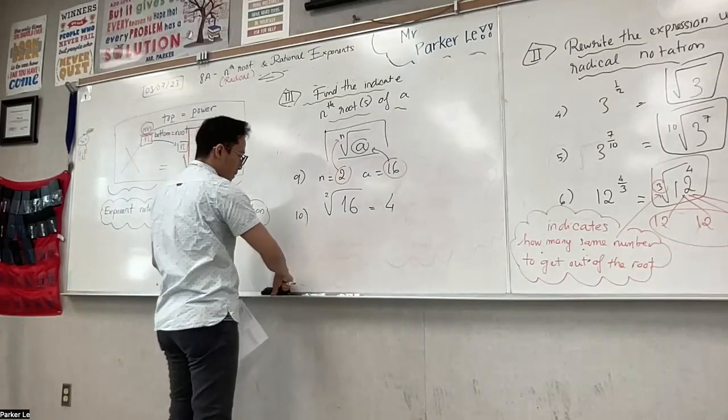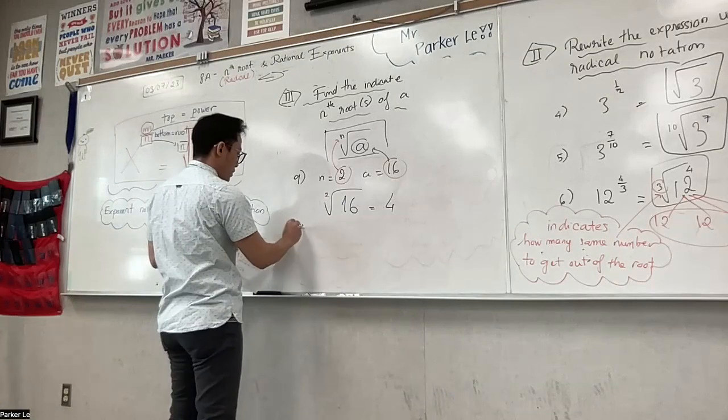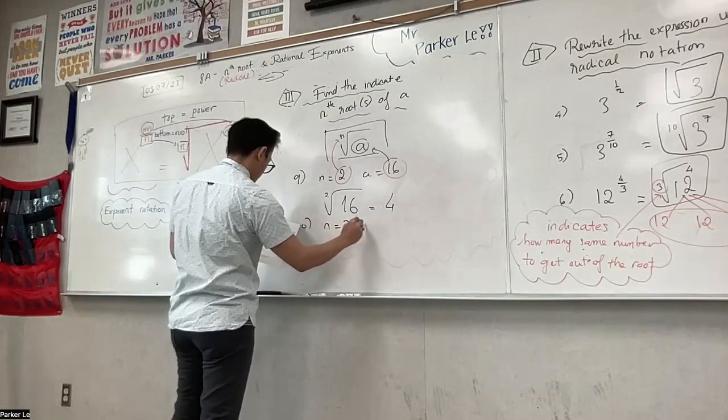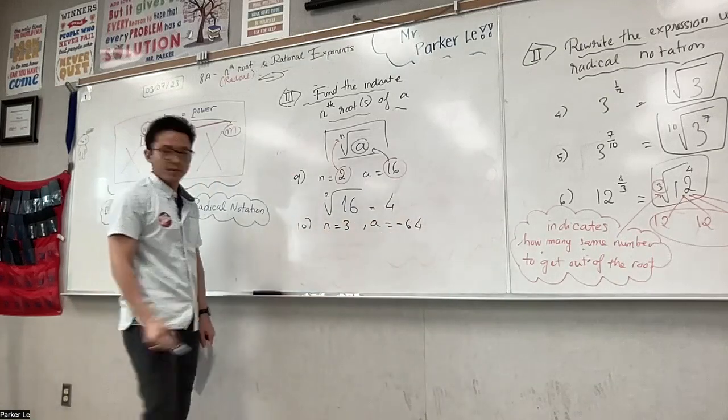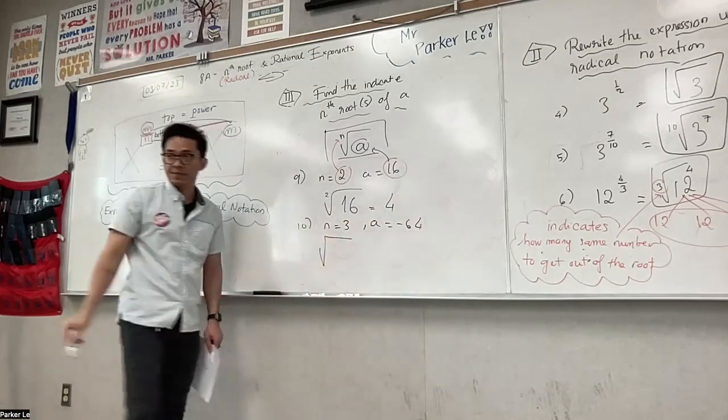All right, next example. I give you n equal to 3, a equal to negative 64. Okay, find me what that is.